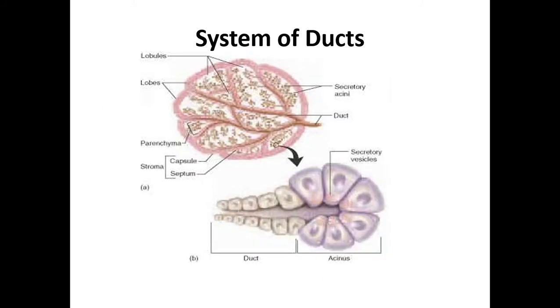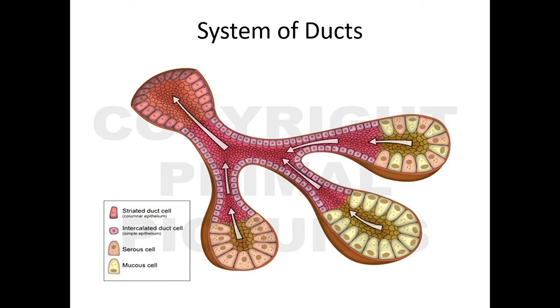So we have here an illustration of the system of ducts. Just get familiar with the formation and pathways of this duct system so that we can trace the secretion of the substance produced by the gland. Another illustration of the system of ducts, this time assisted by arrows.